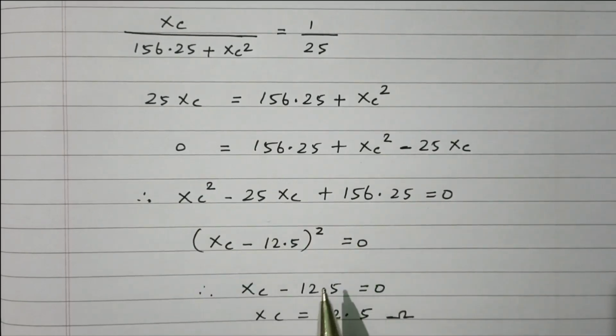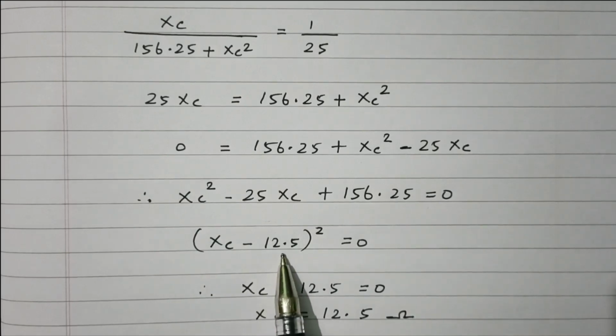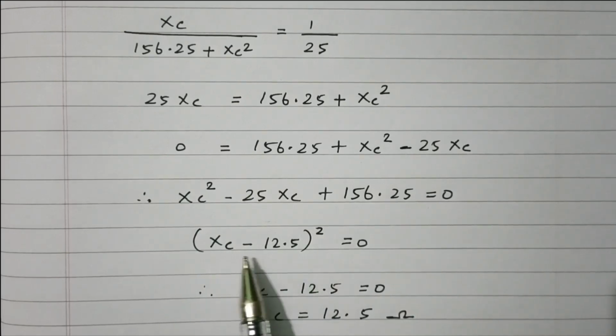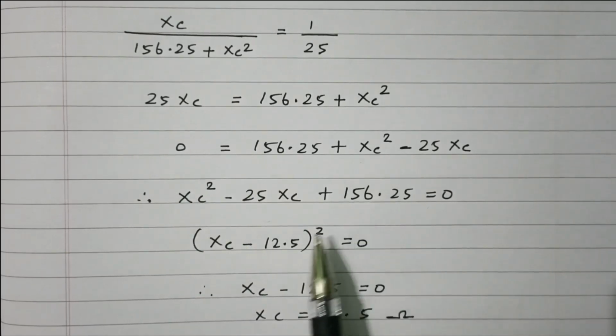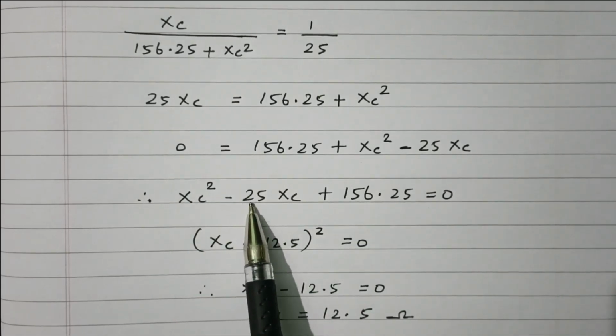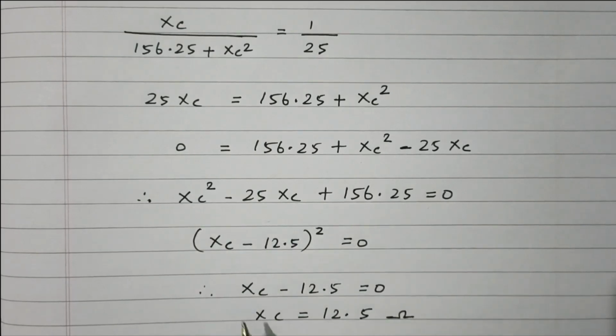This is nothing but a quadratic equation. So this can be written as Xc minus 12.5 the whole square. A minus B the whole square is A square plus B square minus 2AB. Based on the formula we can write it. So Xc minus 12.5 equals 0, so Xc equals 12.5.